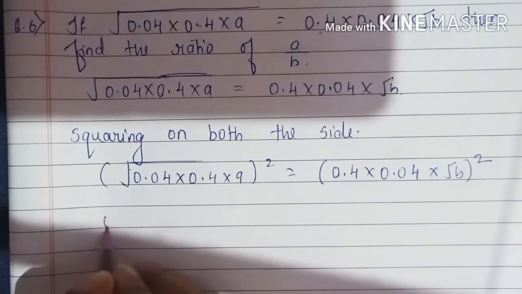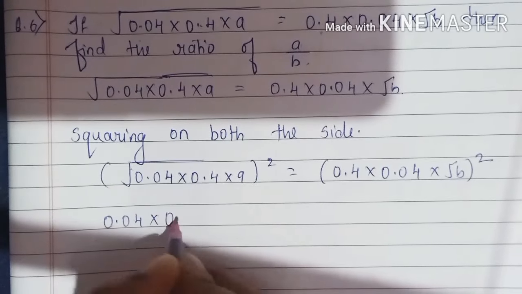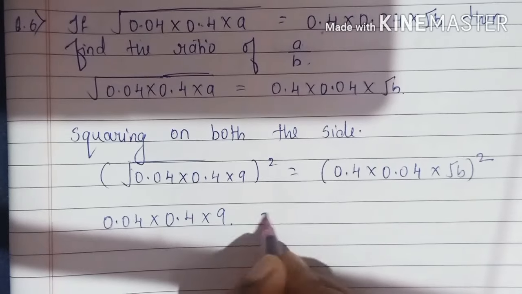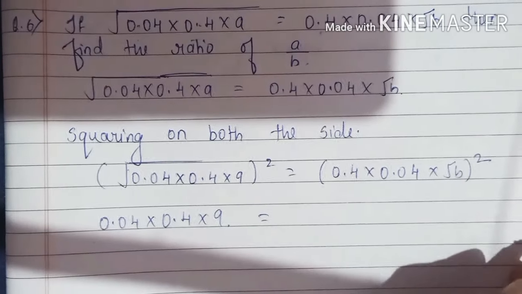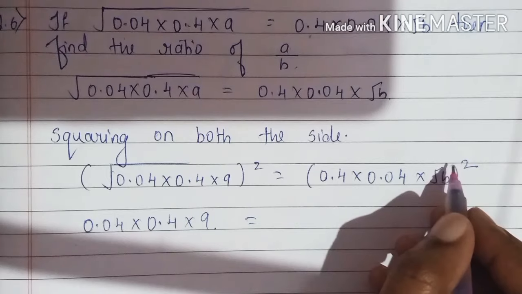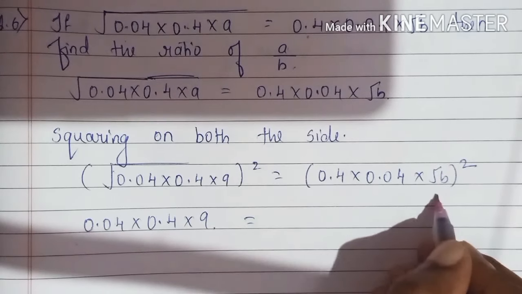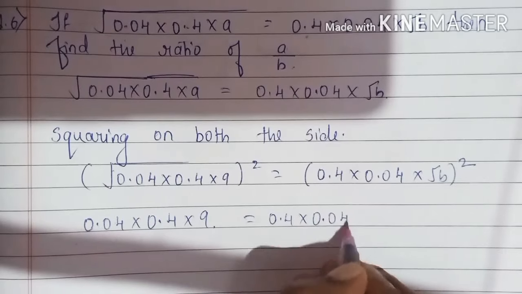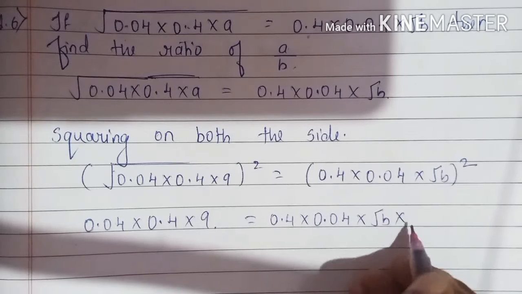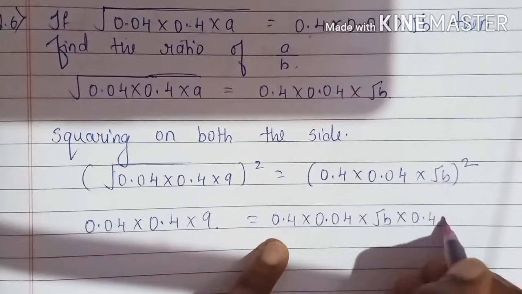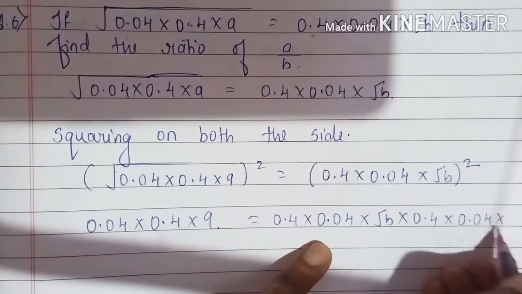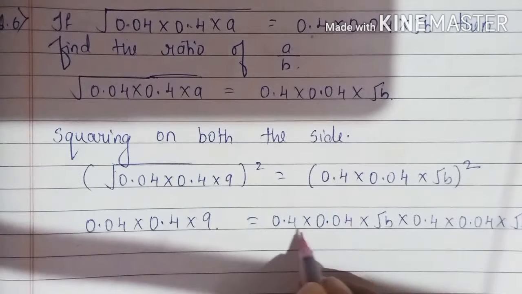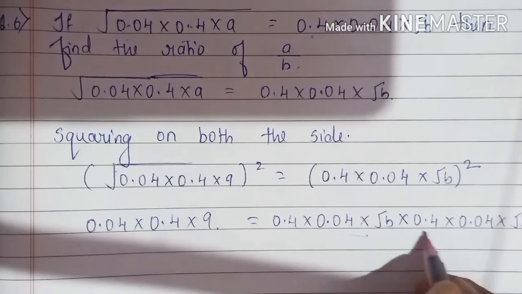Now what is left? 0.04 multiplied by 0.4 multiplied by A, and the square of root B will be root B multiplied by root B, written 2 times.